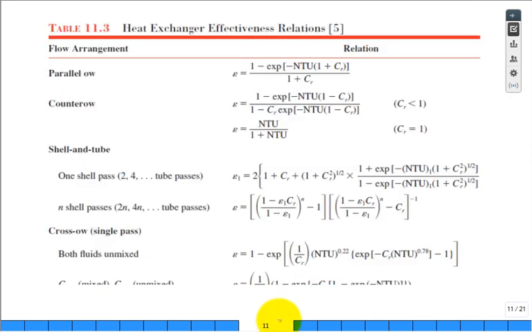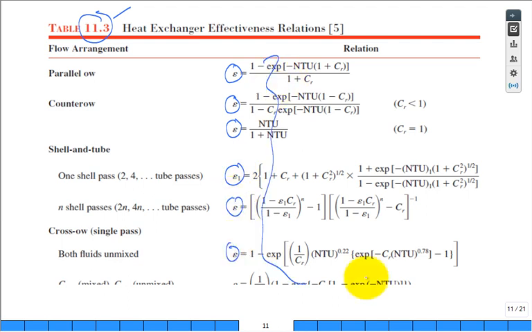Well, aren't you glad somebody did that work already? Tabulated a lot of it? So you'll look at the table, and each one of these in table 11.3, what is the desired output? It's on the left. It's your effectiveness. What's all over here? Crazy equations as a function of NTU and the ratio of heat capacity rate.